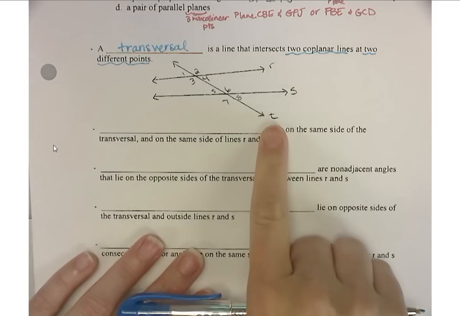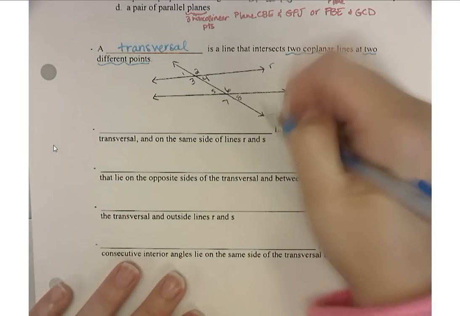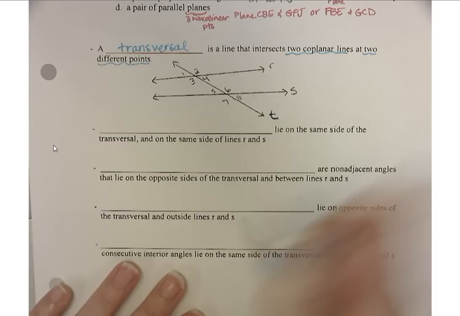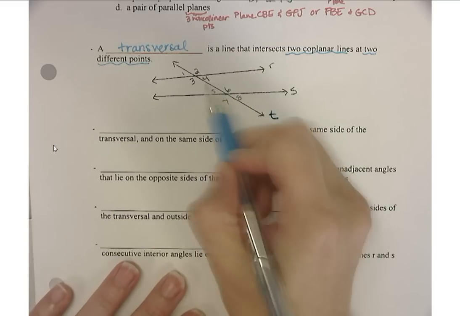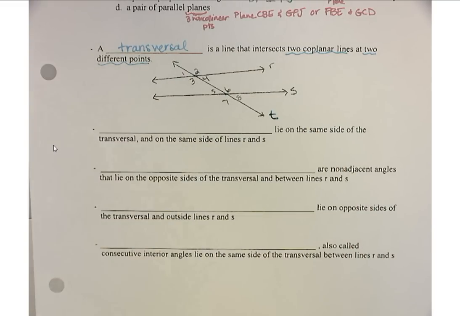In the picture, your transversal is labeled as T. So two lines intersecting at 2 points.